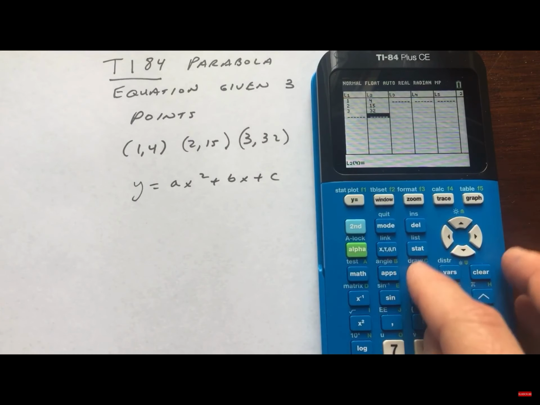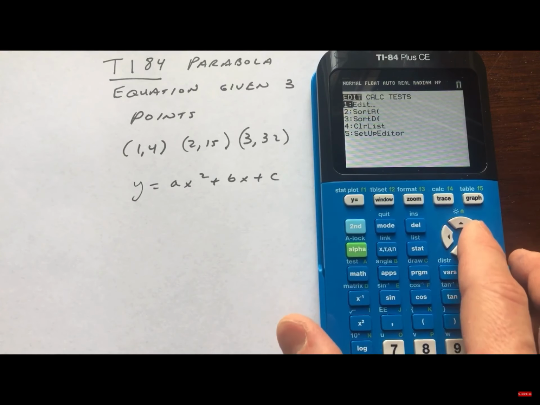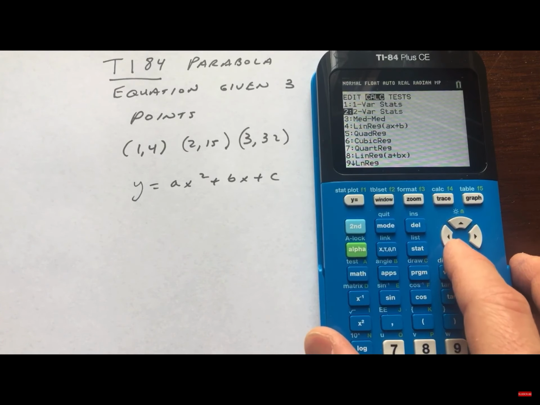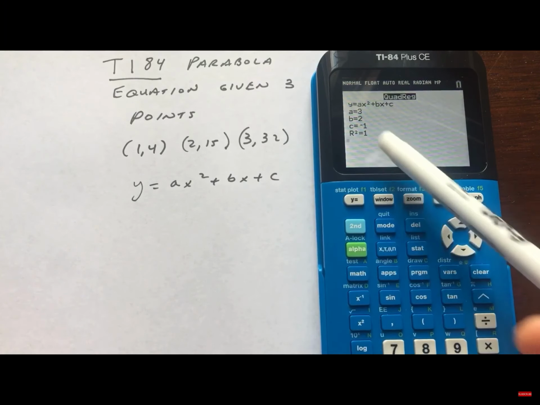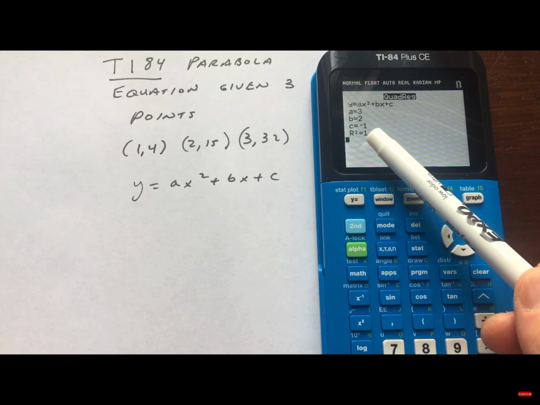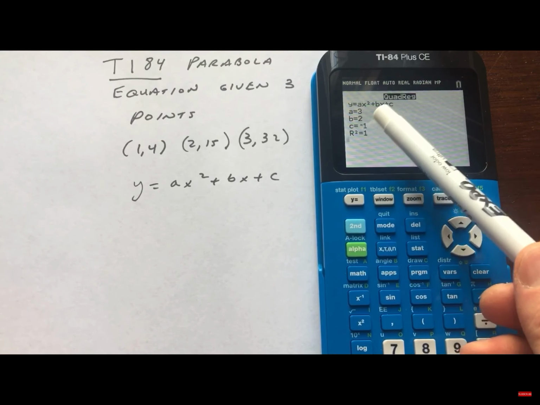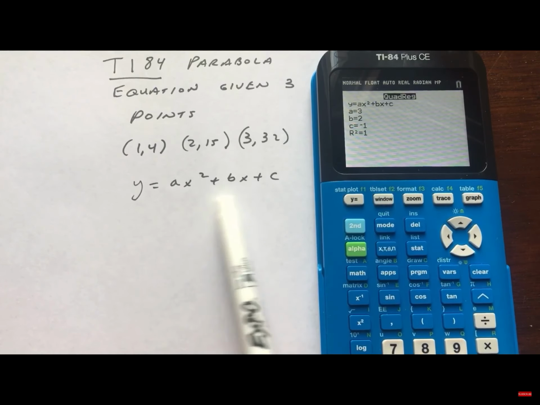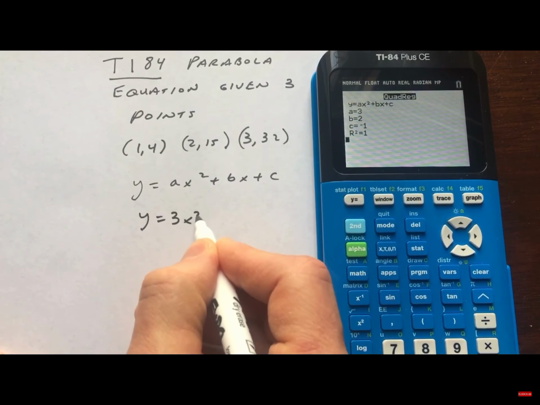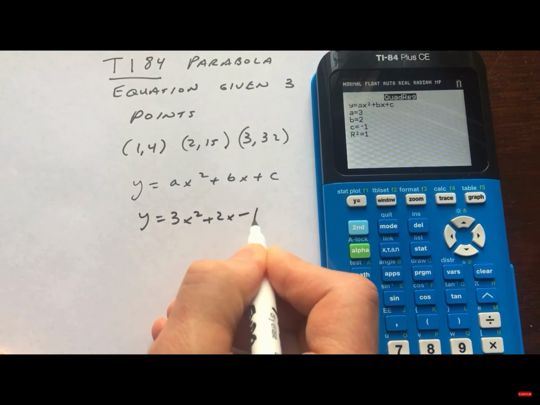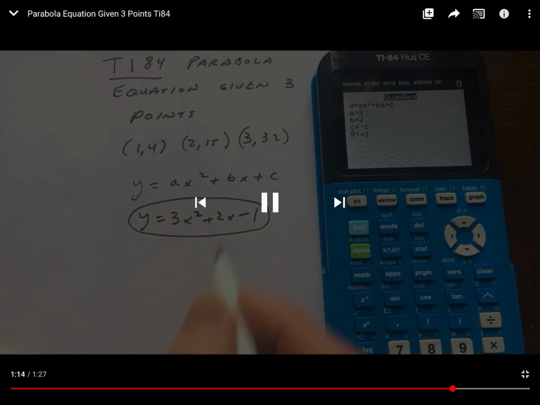Then what you want to do is go back into Stat, for statistics. You want to arrow over to Calculate, and you want to head down to Quadratic Regression number 5. I'm pressing Enter, and then you want to arrow down, List 1, List 2, all the way to Calculate, and then press Enter one more time. And you can see it's giving you the A value here, which is 3, the B value, which is 2, and the C value is -1. You just have to substitute those in for A, B, and C, and you've got the equation of your quadratic right here. So if I was to write it, it comes out to y equals 3x squared plus 2x minus 1, and that's your equation.